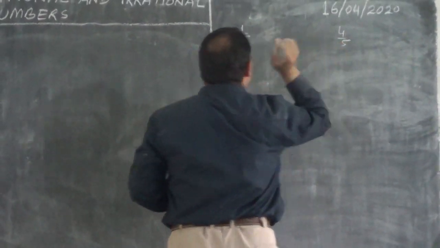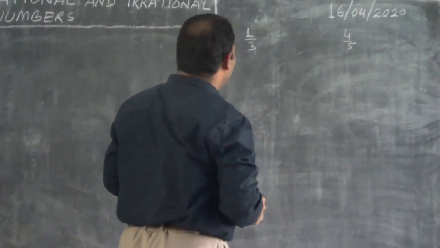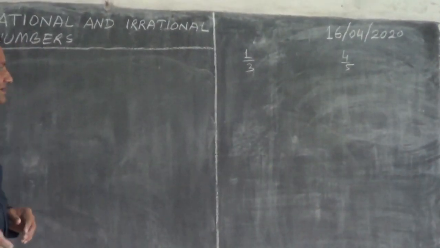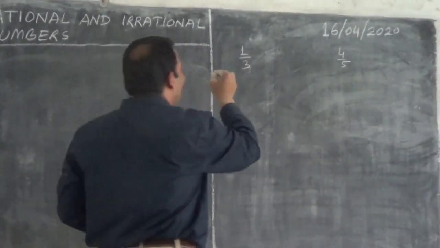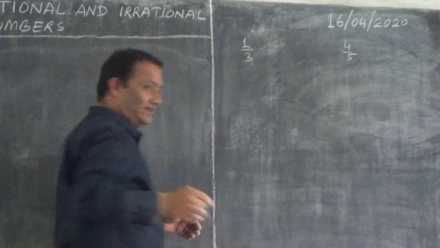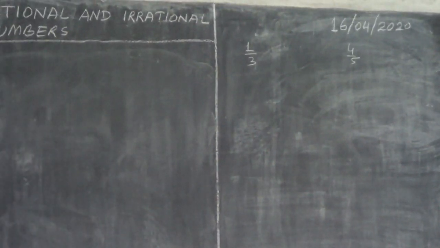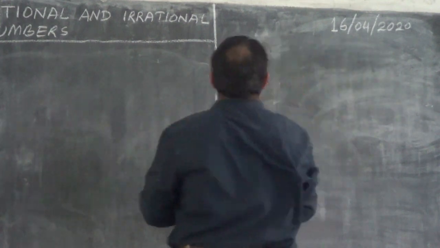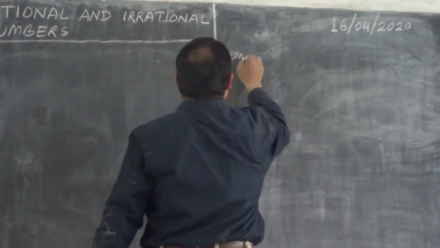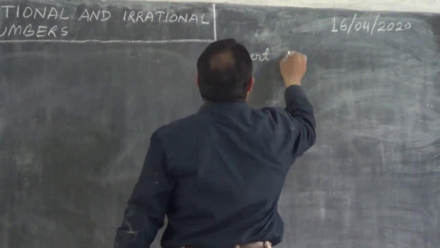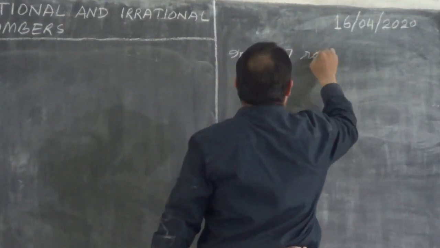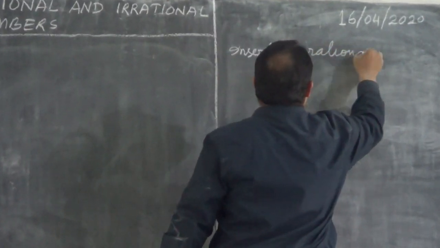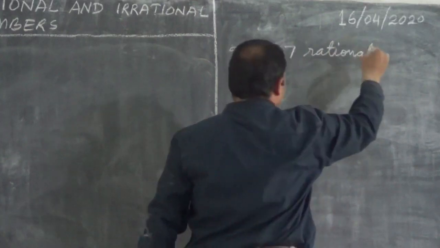How many numbers do we have to insert here? I will write that question: insert 7 rational numbers.